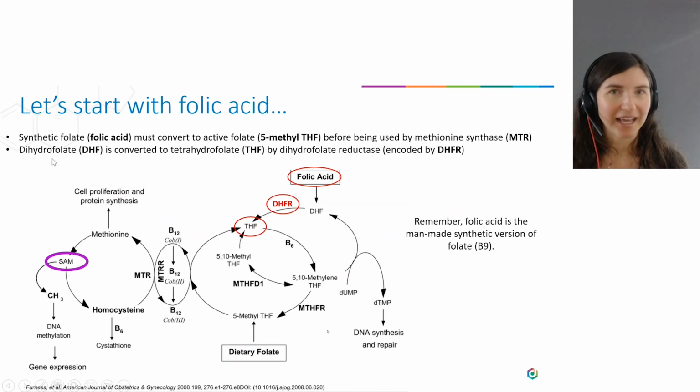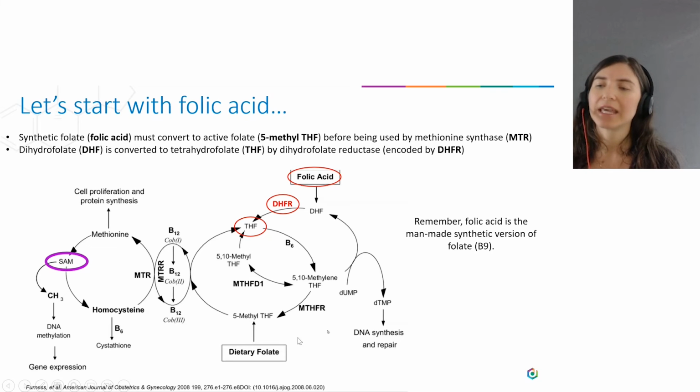Okay, let's start with folic acid. We've heard of folic acid, right? It's the synthetic form of folate. And we know that if we take folic acid, it has to convert all the way down here to 5-methyl THF. This is the active form of folate, the form we need in order to make SAM.